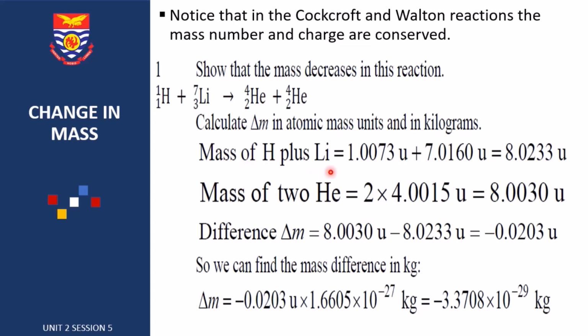You realize that the atomic mass of hydrogen is 1.0073 U, that is atomic mass unit, and the mass of lithium is 7.0160 U. So the total is going to give us 8.0233 U. Then we also find the mass of the two helium atoms, and the mass of helium is 4.015, so two of them will give us 8.0030.